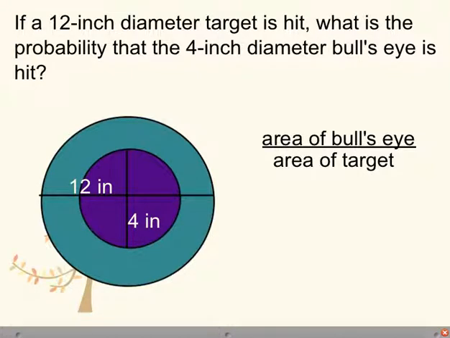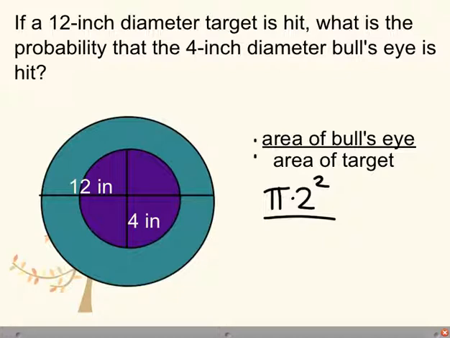So if we have this figure here, if a 12-inch diameter target is hit, what's the probability that the 4-inch diameter bullseye is hit? Basically, we want to know what is the area of the bullseye compared to the total area of the target. Let's just keep it in terms of pi here. In the first one, we have a diameter of 4, which means when I do pi r squared, I'm going to do pi times my radius, 2, squared, over the whole area of the target.